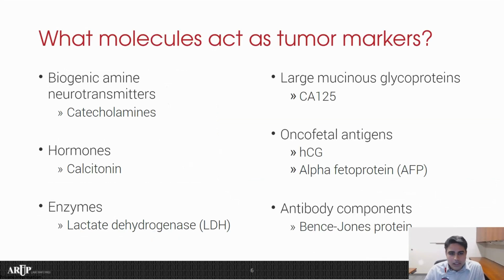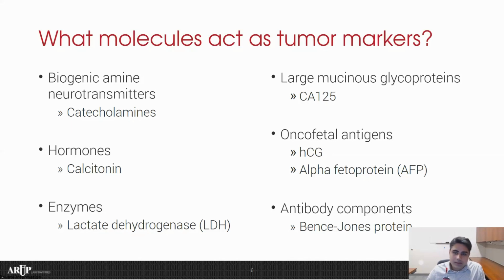So what molecules can act as tumor markers? So there is a large variety, and there is a long list, as you can see here. So some of the molecules can be really, really simple, such as biogenic amine neurotransmitters, such as catecholamines, which serve as tumor markers for pheochromocytoma, which are adrenal gland tumors.